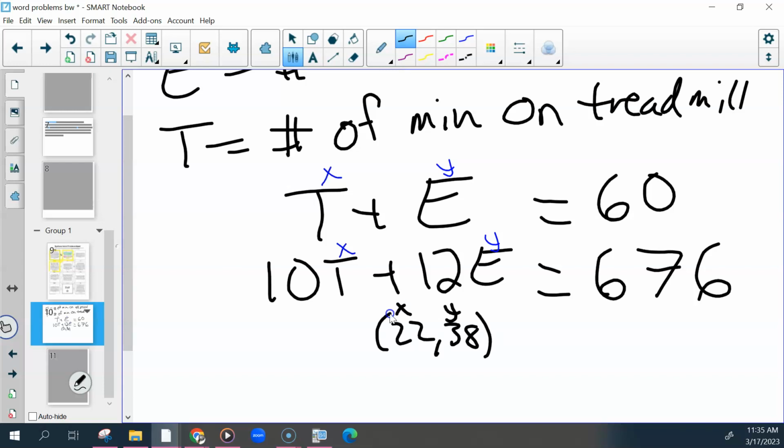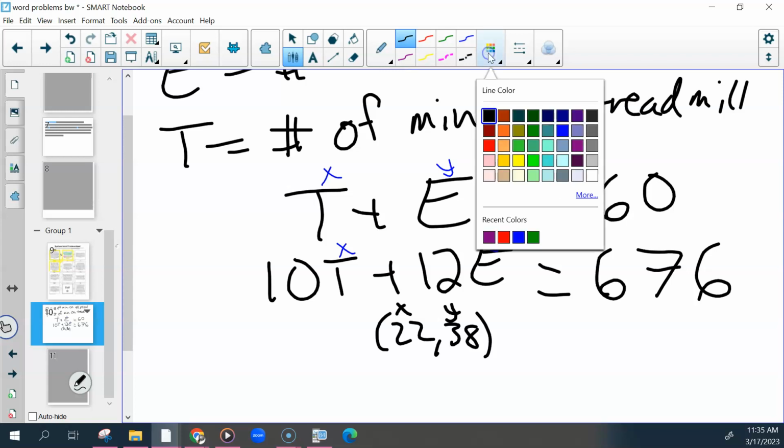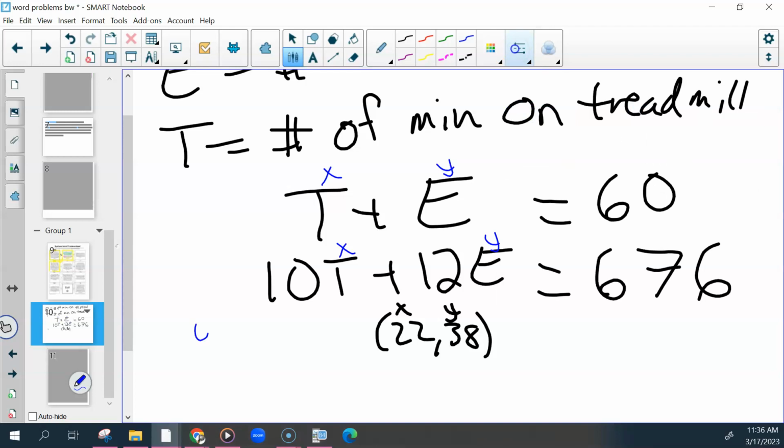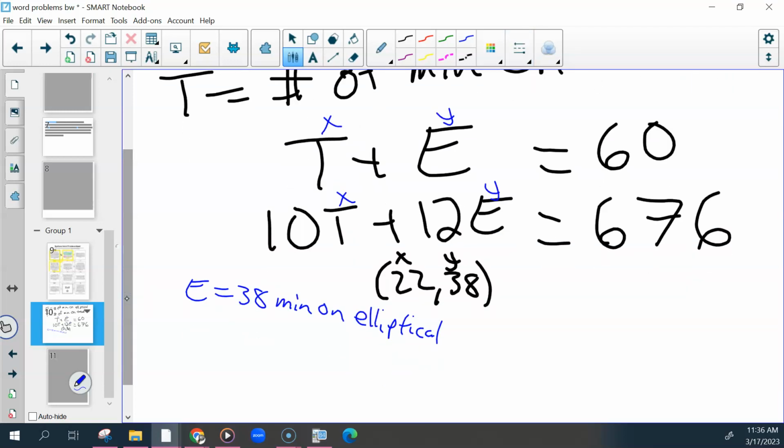Which one are we looking for? Y, so 38. On the elliptical, so that's the way we're going to go.